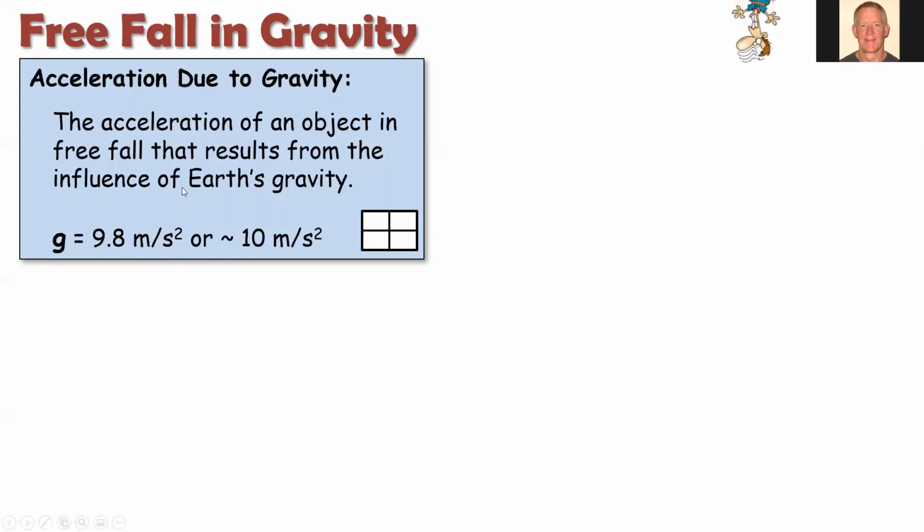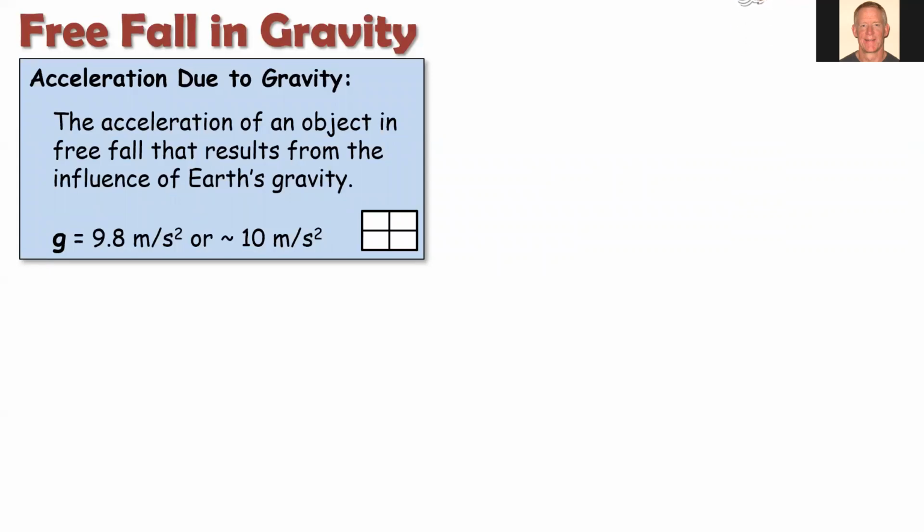Any object that free falls in the presence of Earth's gravity will always accelerate at this rate, and it's not dependent on the object's mass. So an object with small mass versus large mass will both fall at the same accelerated rate.